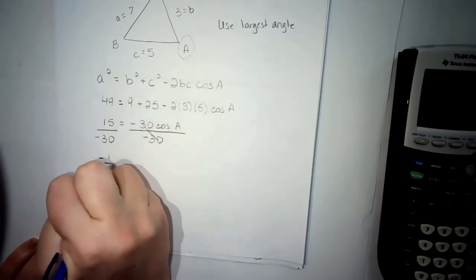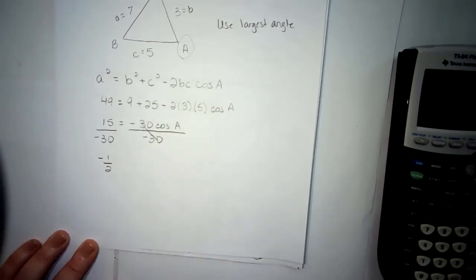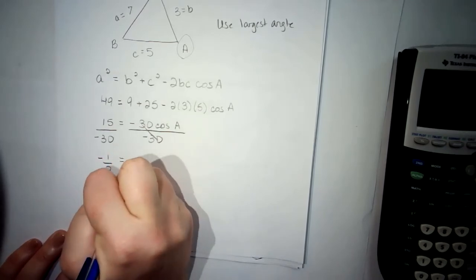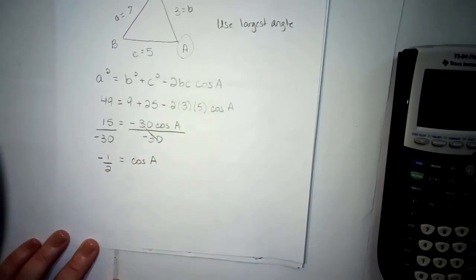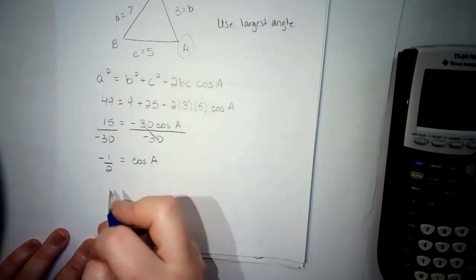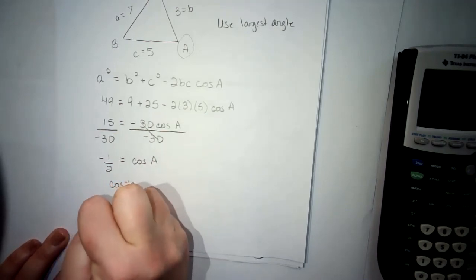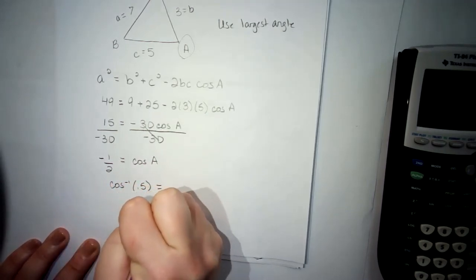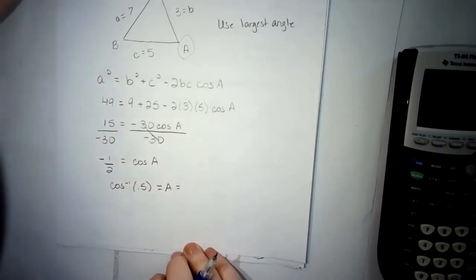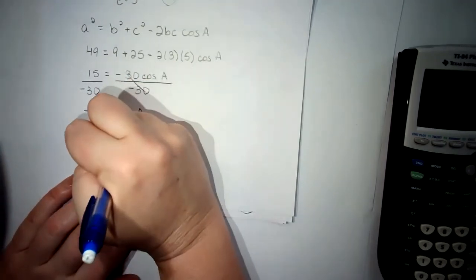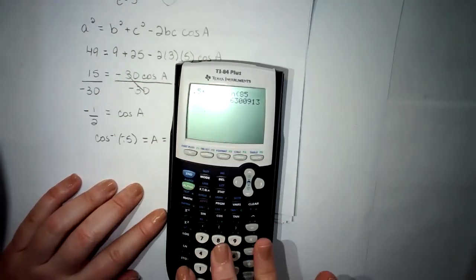All right, now I'm going to divide both sides by negative 30. And I'm going to get negative 1/2, or you can put negative 0.5, whatever you want, equals cosine A. All right. Now, how am I going to find A? Inverse. Okay, so here we go.